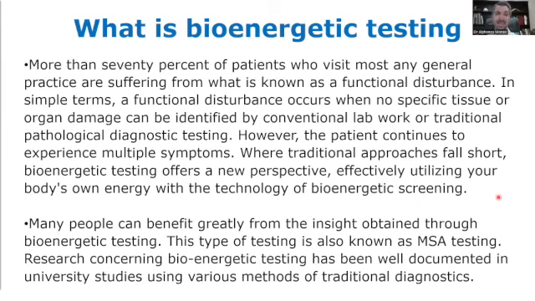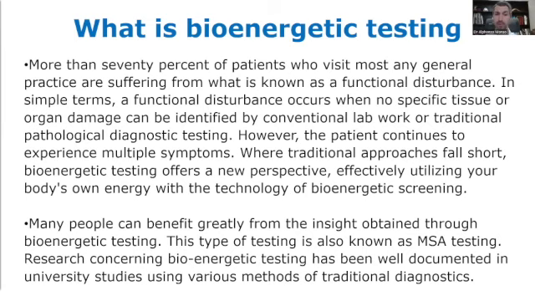So we get to ask the body through a form of biofeedback using energetic signatures. Remember, everything has its own specific signature. We talked about that last time, to find out what is causing problems to the body, what's stressing the body, what's weakening the body, what's going to help strengthen the body. All those things we can find out by specifically communicating with your body.